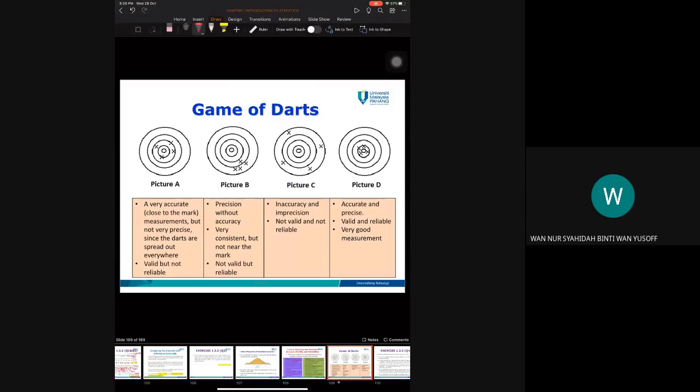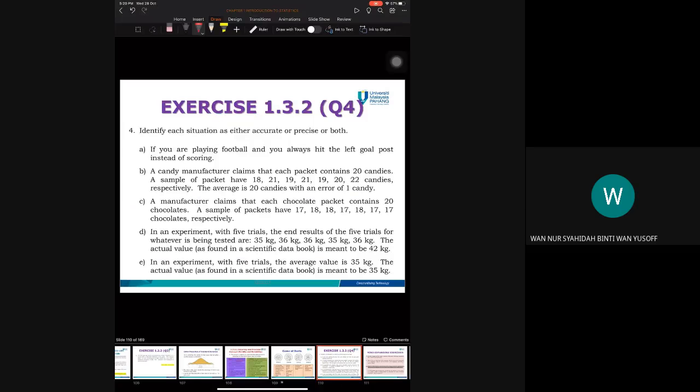So just a quick exercise here. Try to identify whether we have accurate, precise, or both. Here A, accurate or precise?